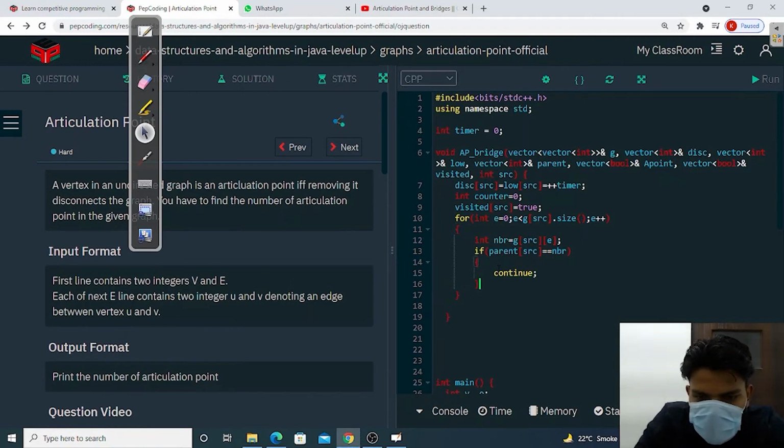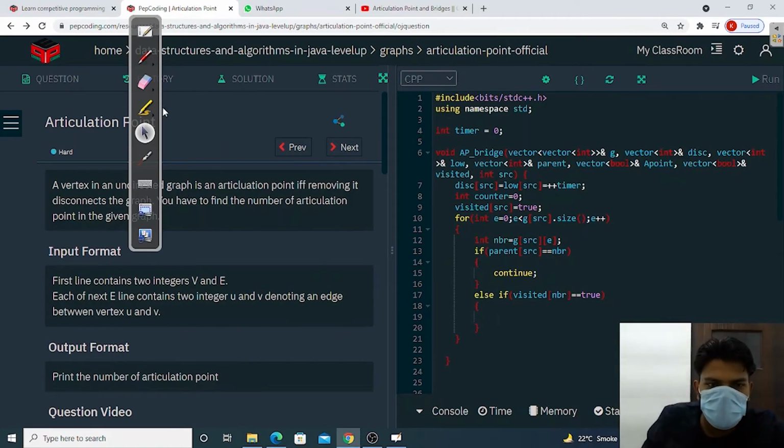After that, what do we have to do? We have to do else if visited of neighbor equal to true. What is the condition? Why are we putting this condition?